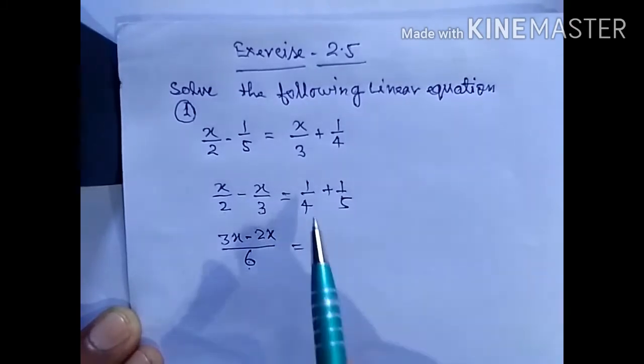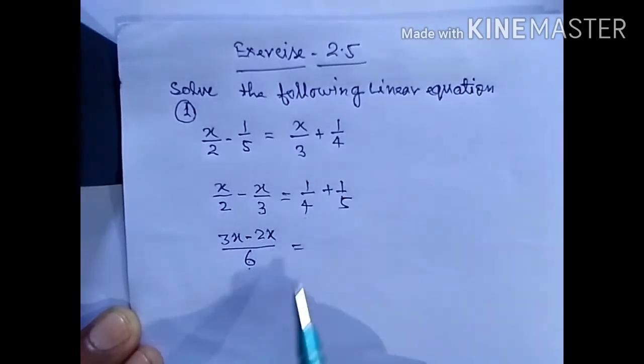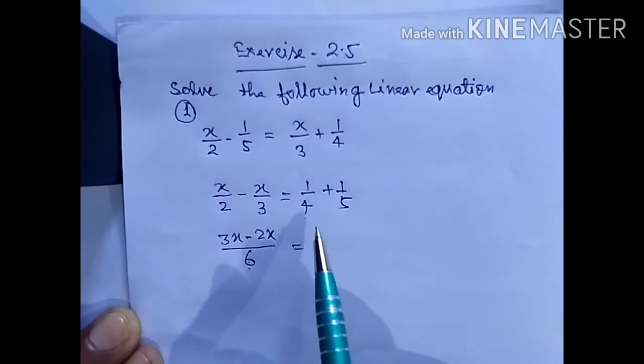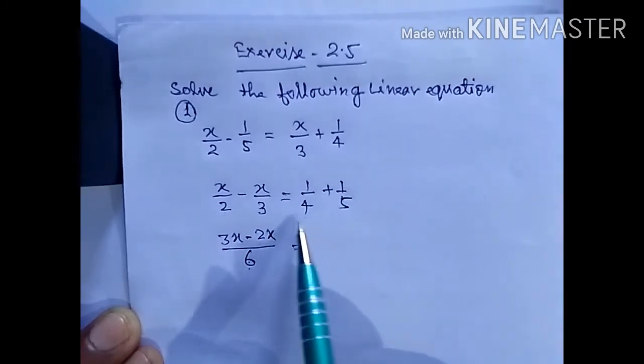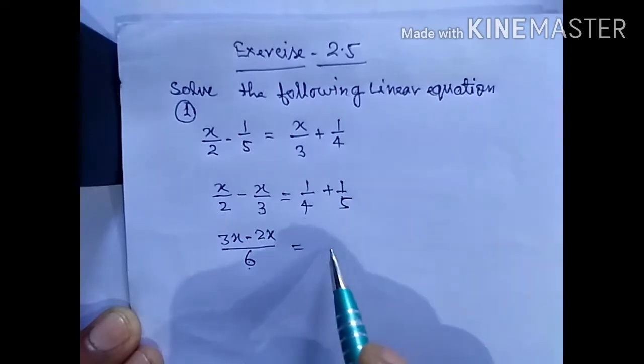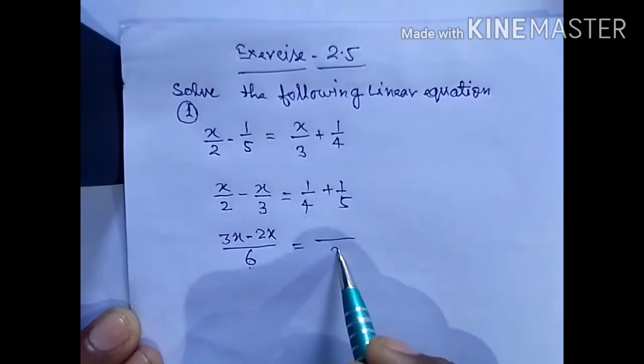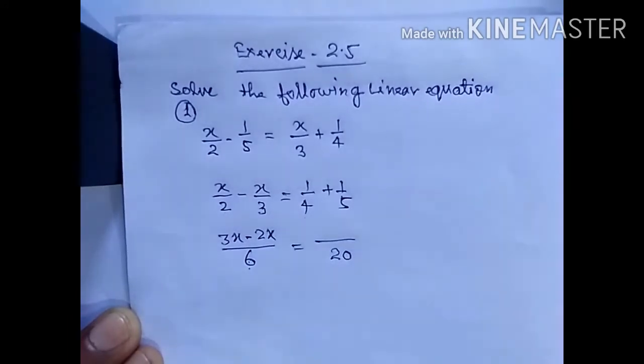This one is 4 and this one is 5. The LCM of 4 and 5, 4 5s are 20, so this will be 20.